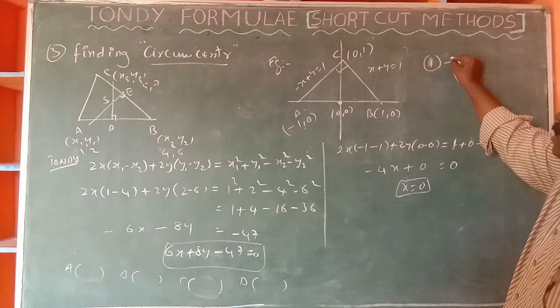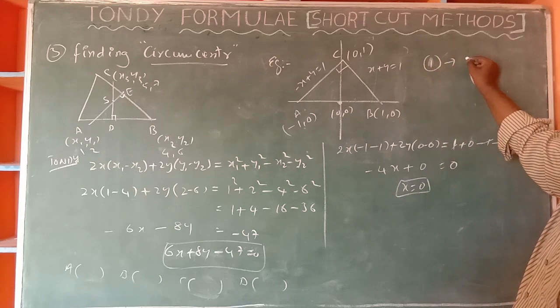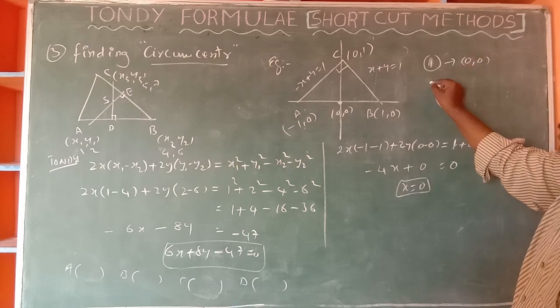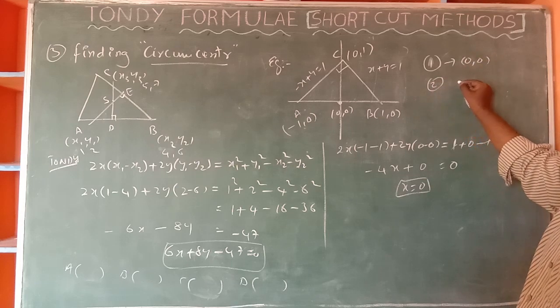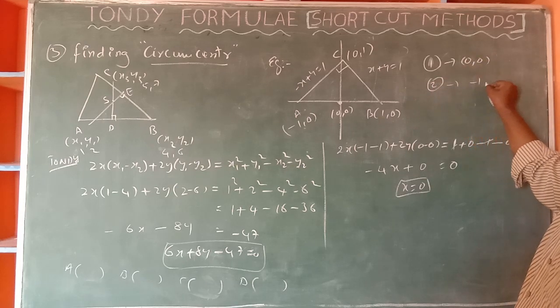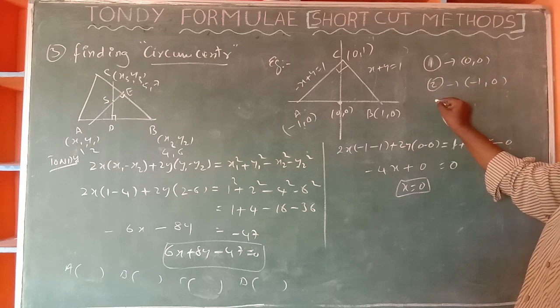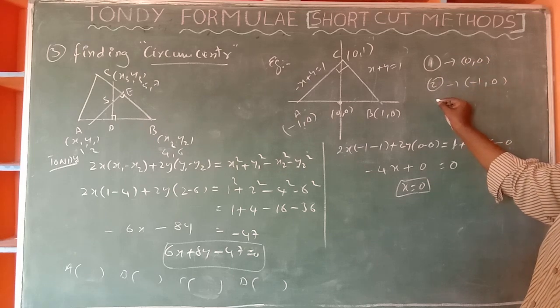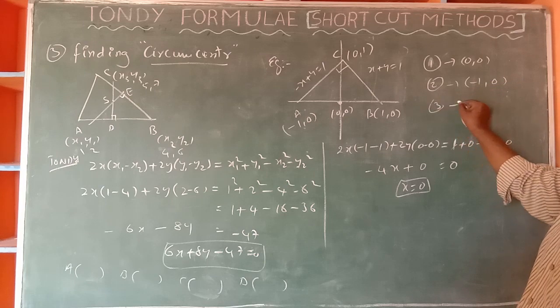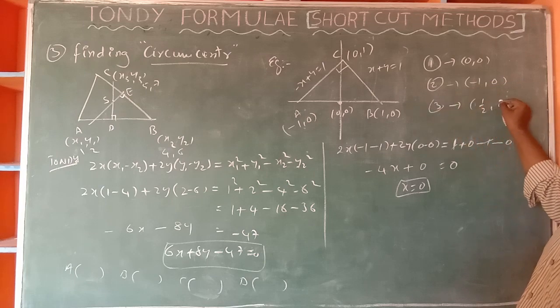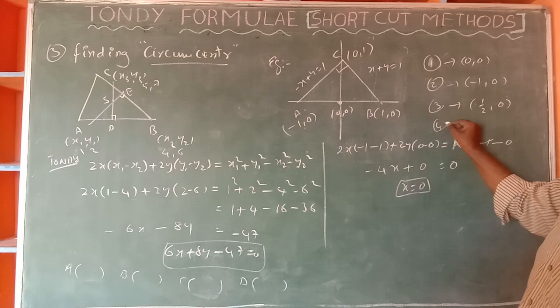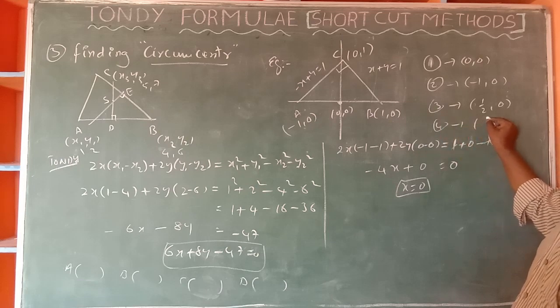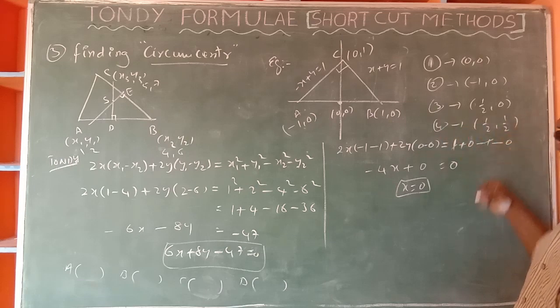First option is 0 comma 0. Second option is minus 1 comma 0. Third option is 1 by 2 comma 0. Fourth option is 1 by 2 comma 1 by 2.